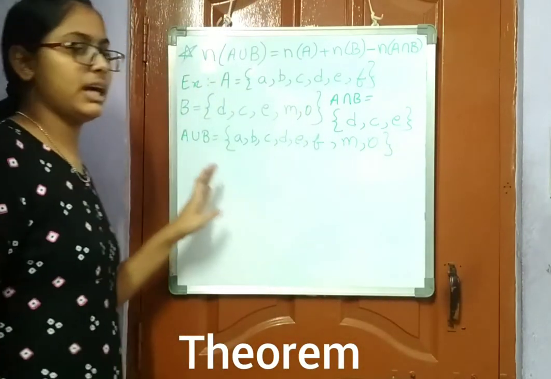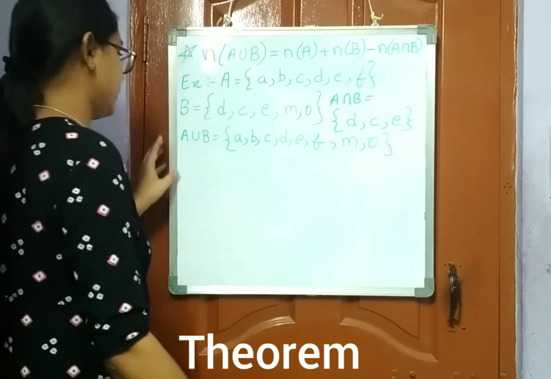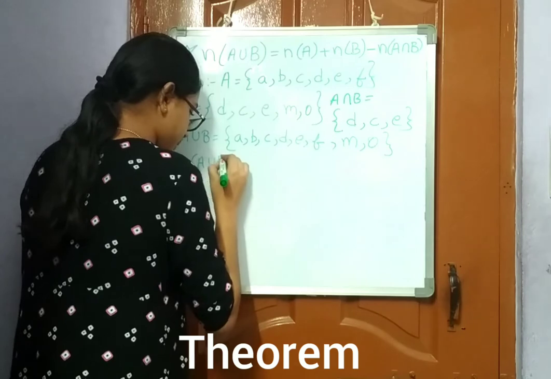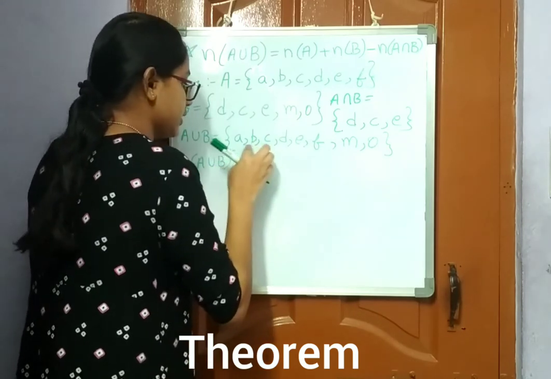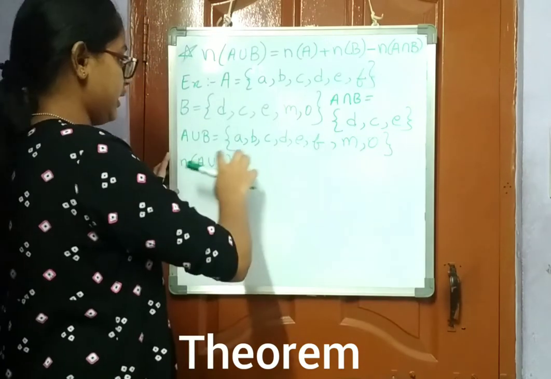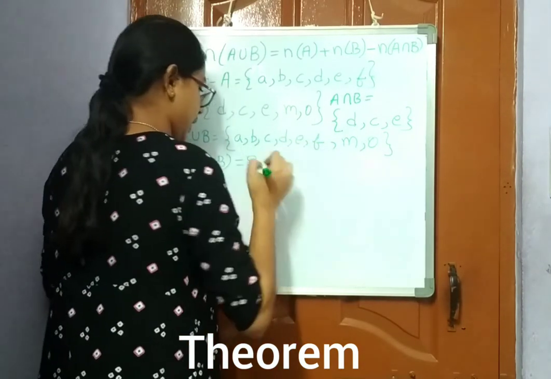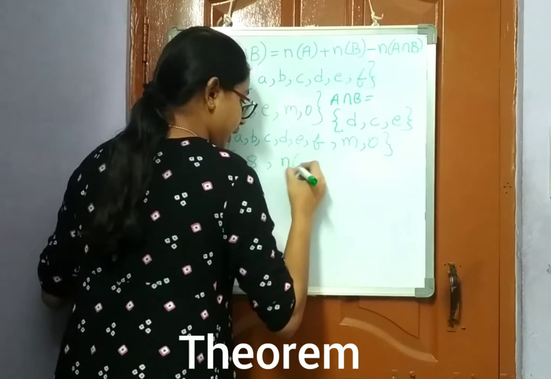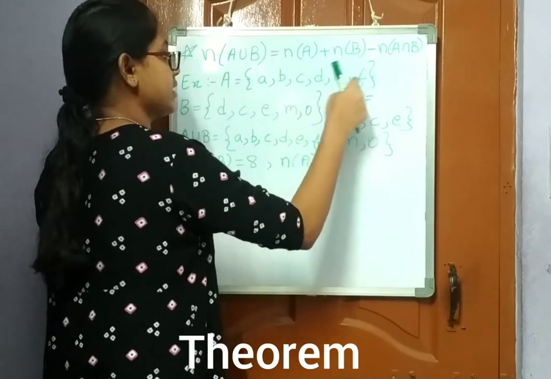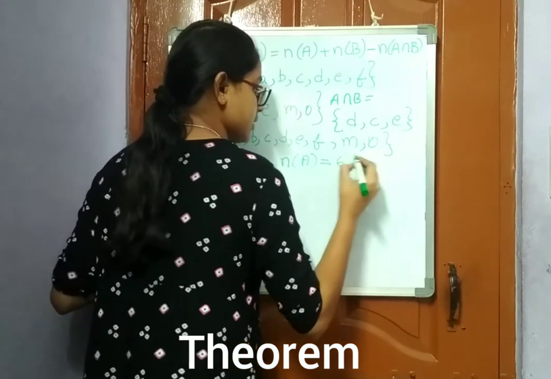So let's find out the cardinal numbers. n of A union B will be 1, 2, 3, 4, 5, 6, 7, 8, that is, the number of elements in A union B is 8. And n of A will be 1, 2, 3, 4, 5, 6, that is 6.